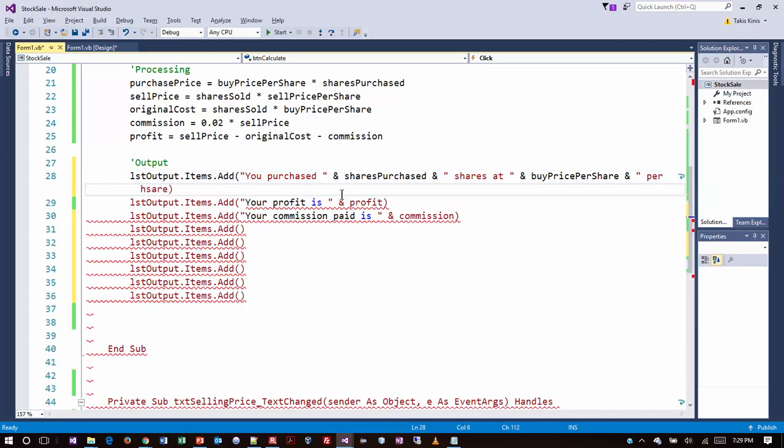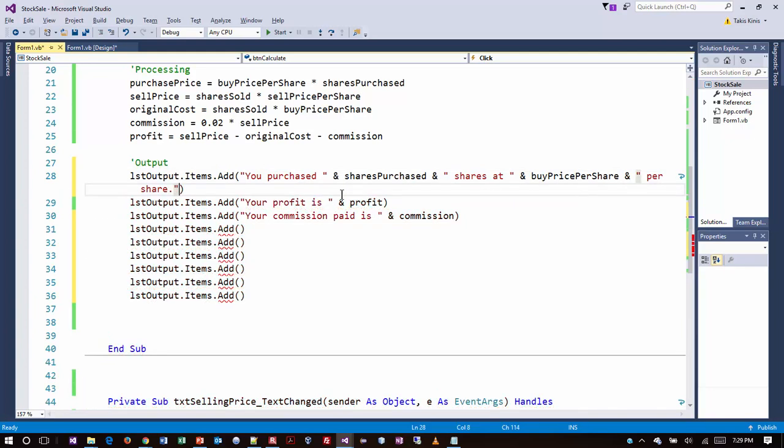Now, I wanted you to notice a couple of things here as I'm doing this, and I know this is kind of a lot to absorb all at once, because I'm combining a lot of techniques here. But basically what I'm doing is creating a string of text that's going to say you purchased 10 shares, and it pulls it right from the variable, 10 shares at a certain price per share.